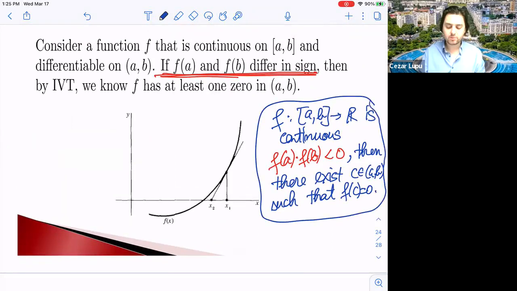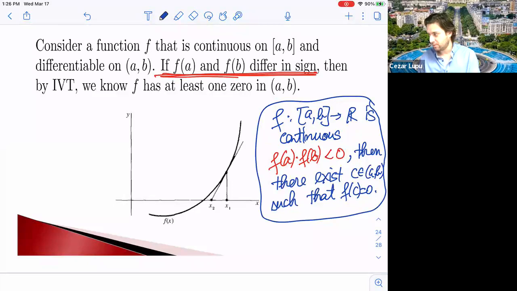And we've done these examples. If you go back to the last continuity lecture, or the last two lectures, we talked about this. We have used this to show that a certain algebraic equation has a solution in a given interval.